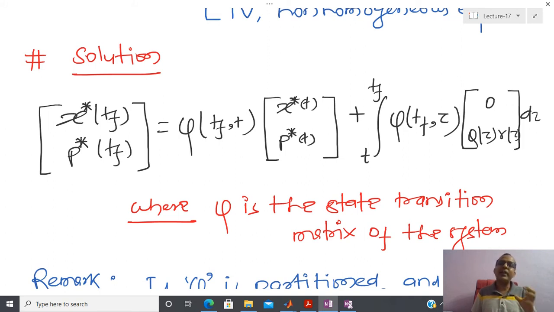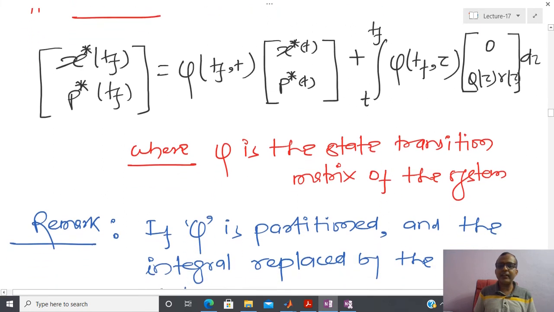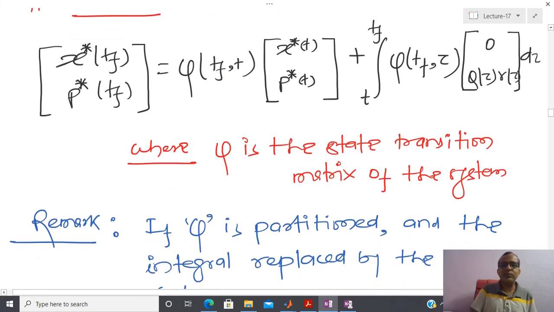From there you can see how to find the solution whenever you have a time varying system. In order to find the solution I have to define the state transition matrix. I am assuming that the state transition matrix is known to me, and in the form of the state transition matrix this is the solution.